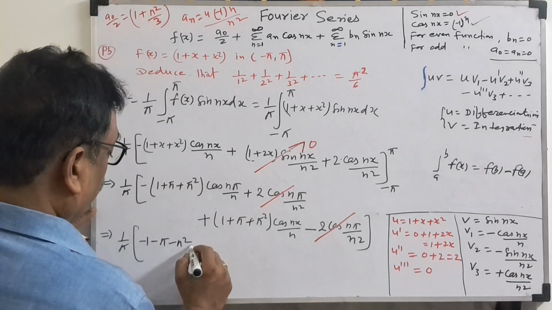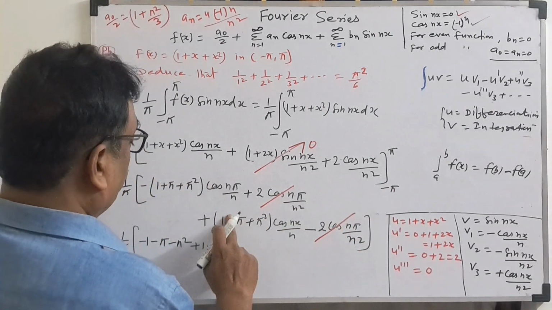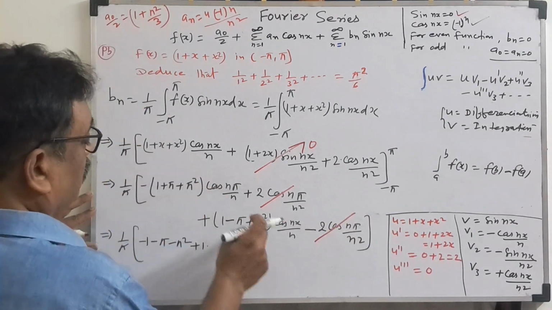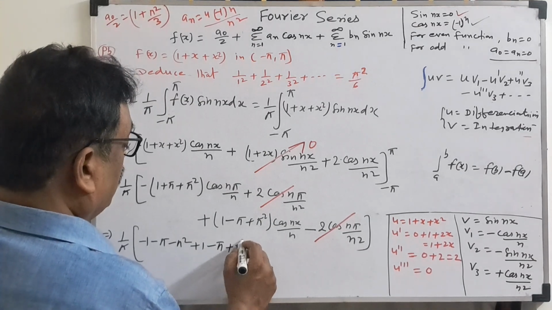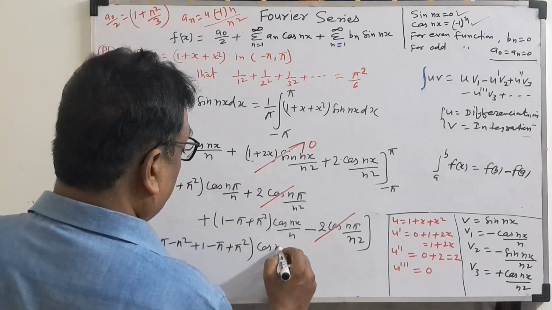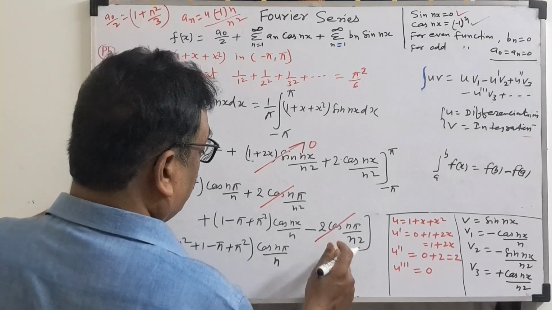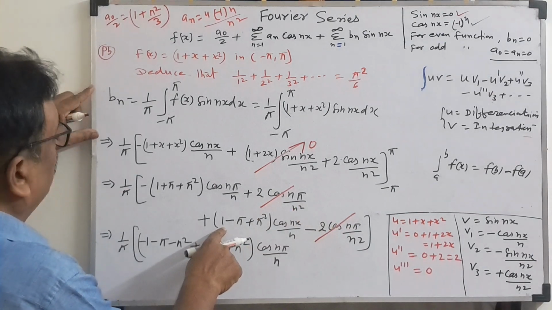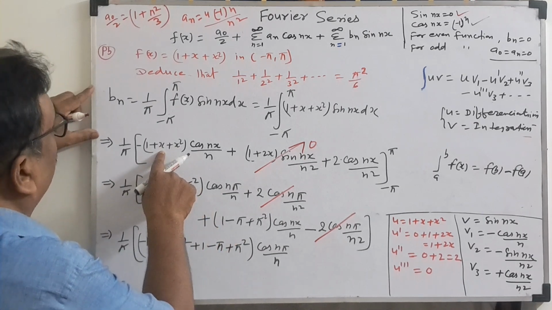Now this you come plus 1. Oh, this is minus pi, no? So x will come minus pi here. Why? Because substituting minus pi, 1 minus pi, this is square, it will come square only. So minus pi plus pi square, and take the common cos n pi by n. Look here, wherever x is there we substitute the pi.